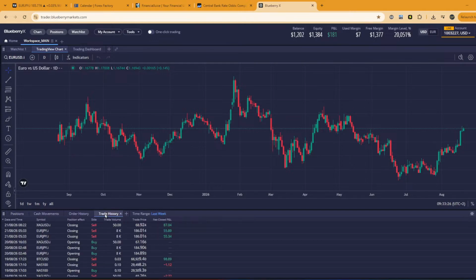On trade history, you see, I closed Euro JPY in profit here. I also took another position on silver, and I closed it because this is a day trade that I closed this morning.